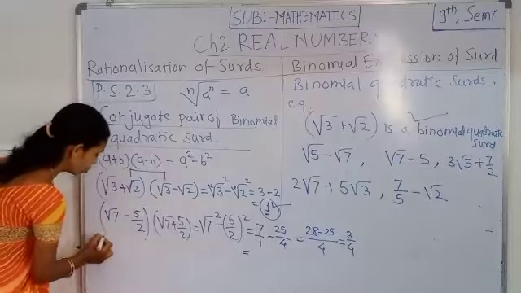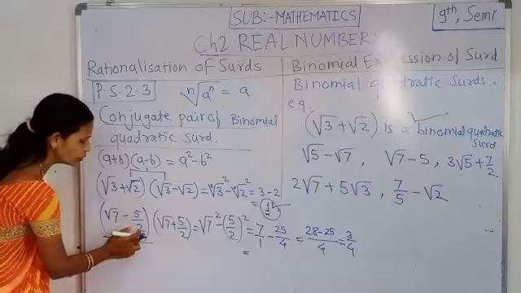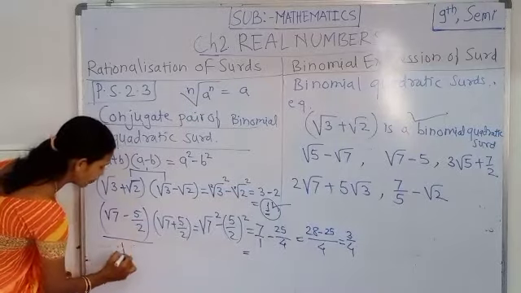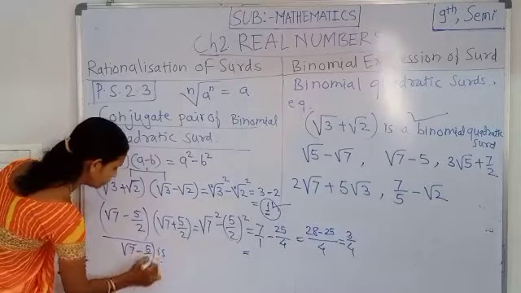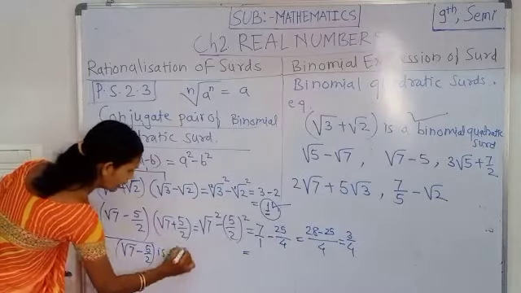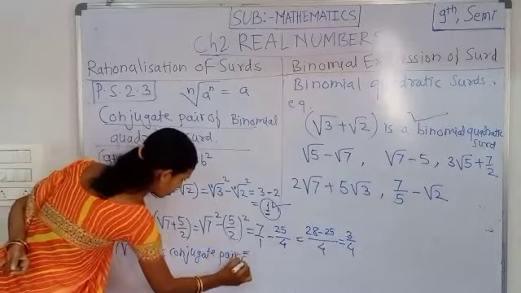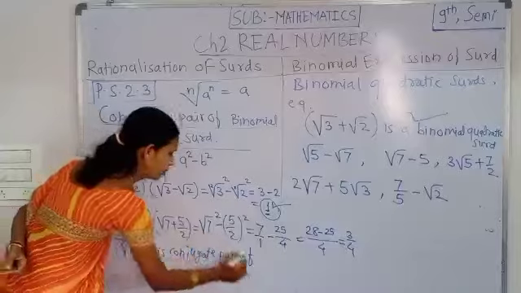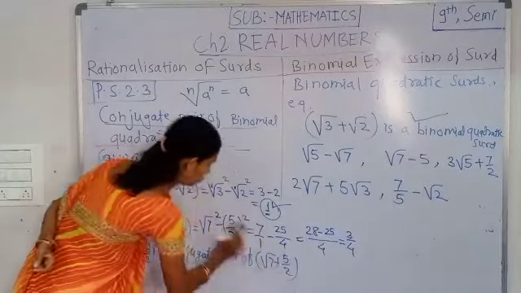Similarly, here root 7 minus 5 upon 2 is a conjugate pair of root 7 plus 5 upon 2.